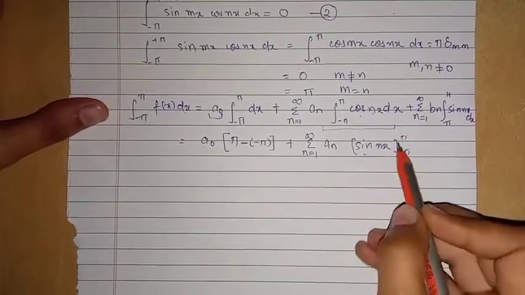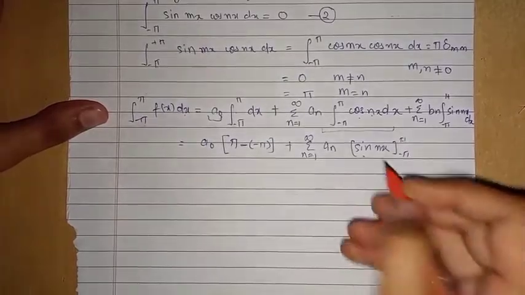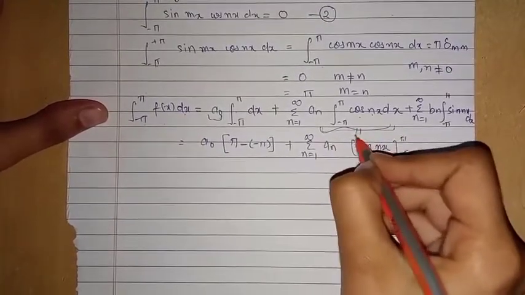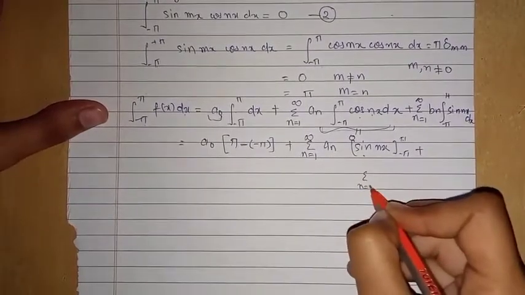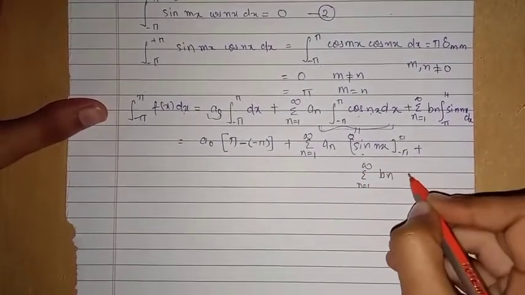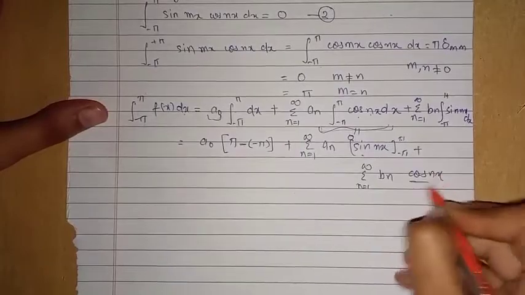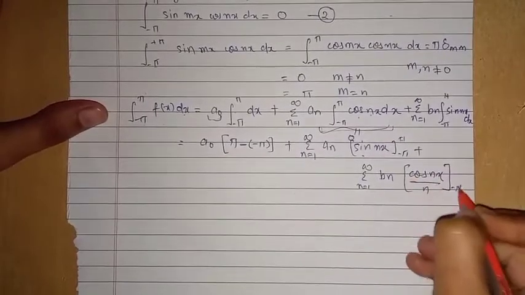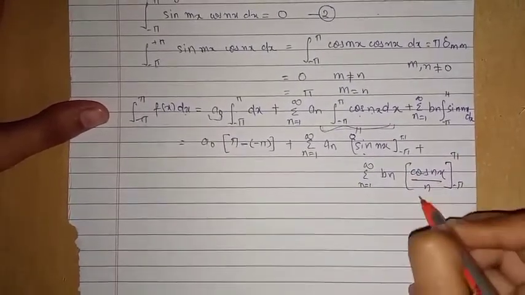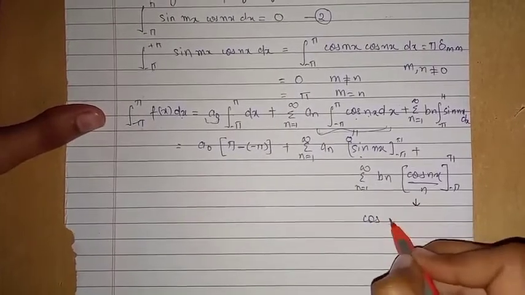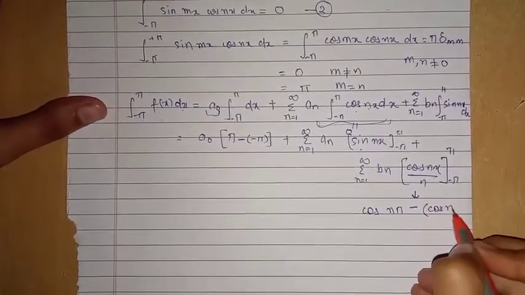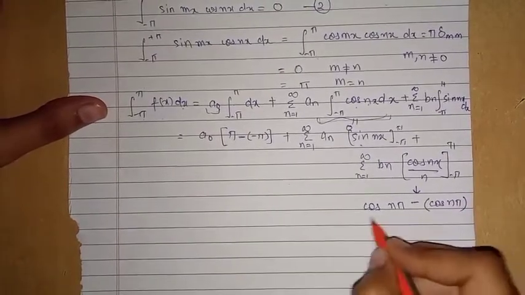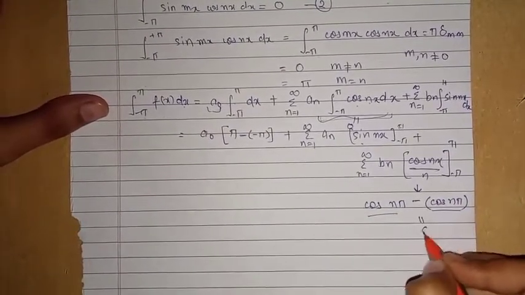Since sin pi is 0, this term will be equal to 0, and in this term we will write summation n equal to 1 to infinity bn cos nx upon n from minus pi to pi. So this term will become cos n pi minus cos n pi, which will be equal to 0.